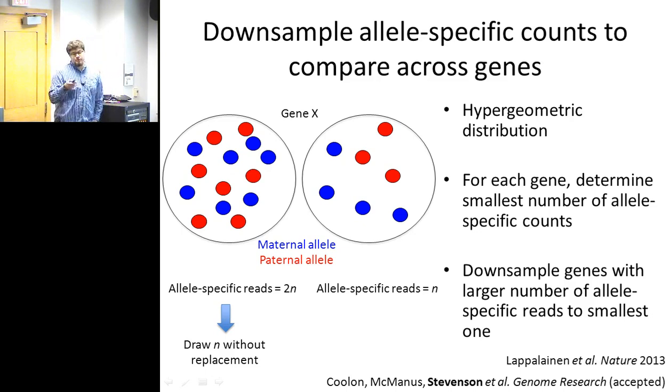Right, that's a good point. If you're just looking for allele-specific expression differences within one sample, you actually don't need to use this type of strategy. But if you wanted to compare allele-specific expression differences for a single gene between samples, these are not as directly comparable.